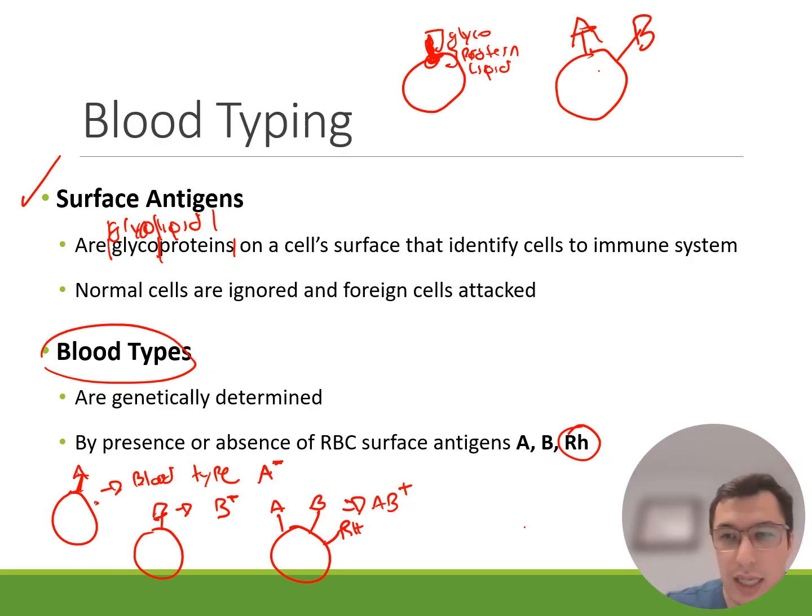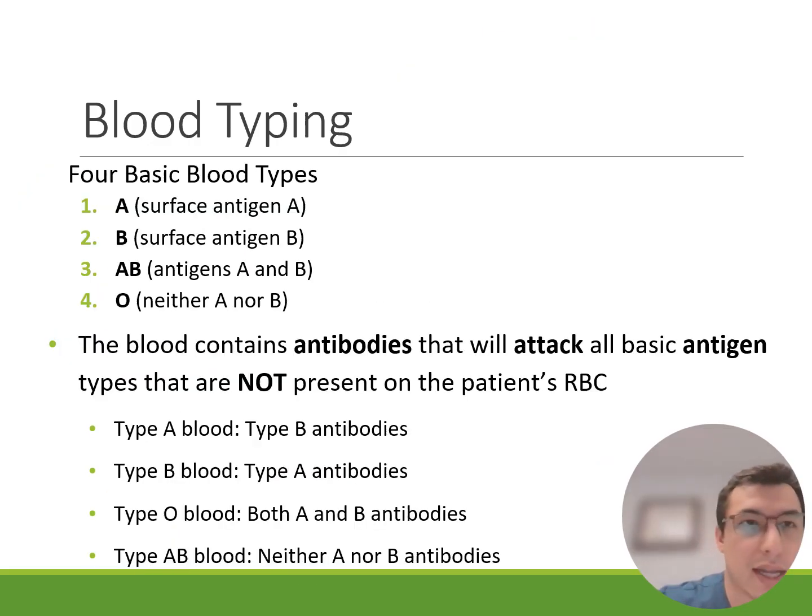Let's move on to the next section. Remember there are two main surface antigens, surface antigen A and surface antigen B, in your red blood cell. It is the presence of either one, in combination, or the absence of them that will give you your different blood types.